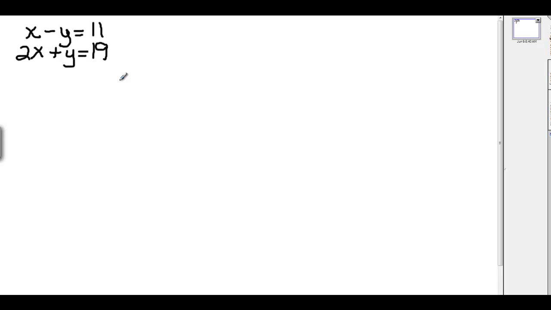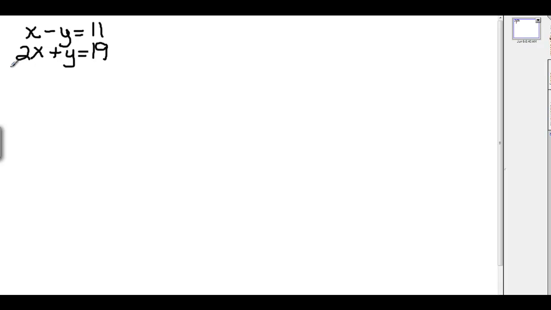In this case, the y's both have an understood 1 in front of them: a minus 1 in the first equation and a positive 1 in the second. If I add a negative 1 and a positive 1, they add to 0. In other words, they're canceling out.